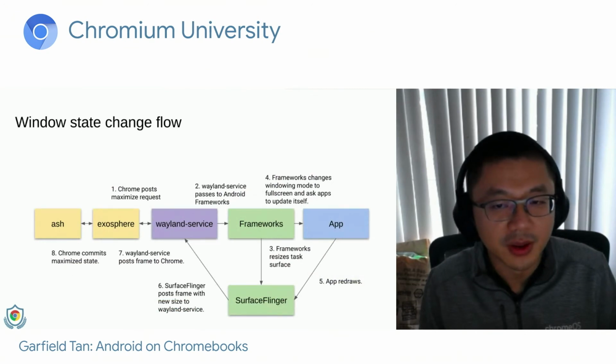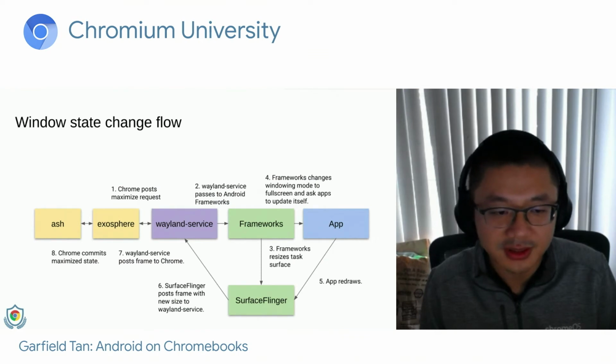So this is a flow of a window state change in ARC++, such as maximize. First, the user clicks on the maximize button on the window, and Chrome receives it. And Chrome posts the maximize request to Wayland service. Wayland service translates it into Android framework requests and posts it to Android frameworks, which is like Android Window Manager service in particular.